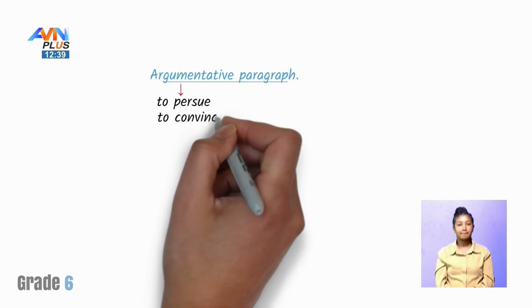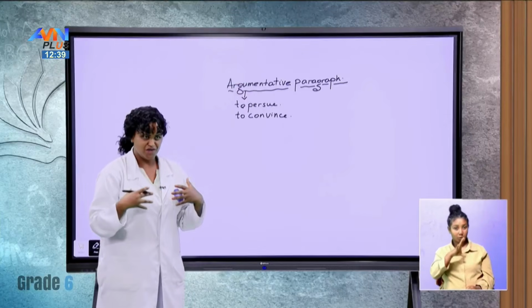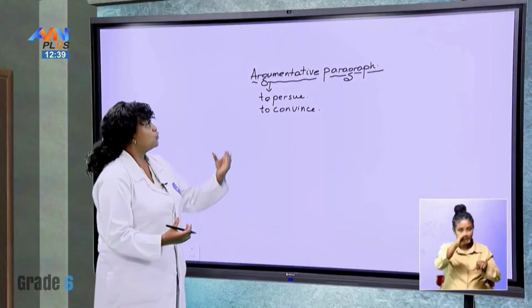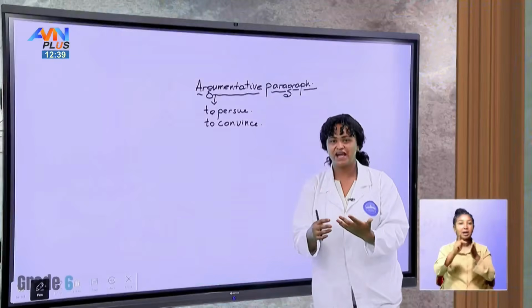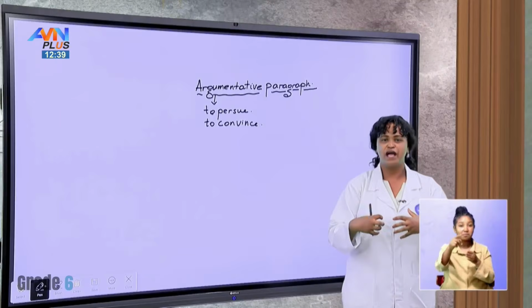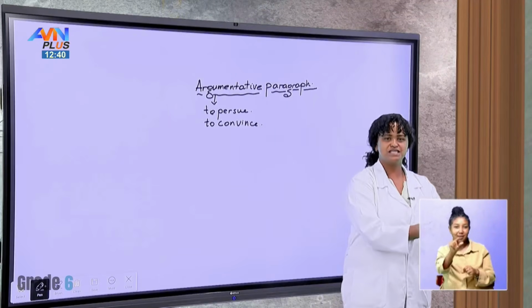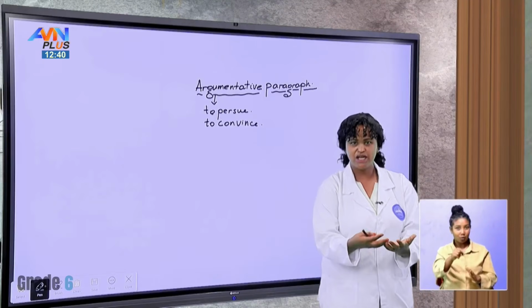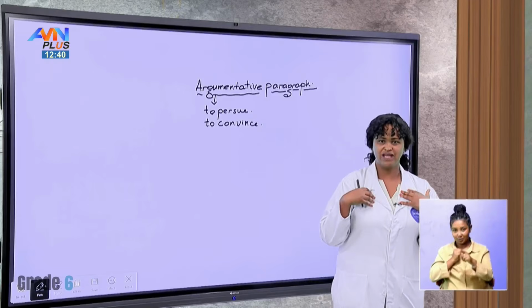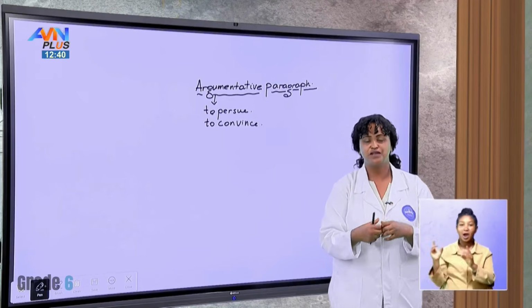To convince. All right? To persuade or to convince someone. So when we say argumentative paragraph, that means your paragraph is going to have pressure, or it's going to have some evidence and facts that can make your reader or your listener believe you. All right? This is what we call an argumentative paragraph.